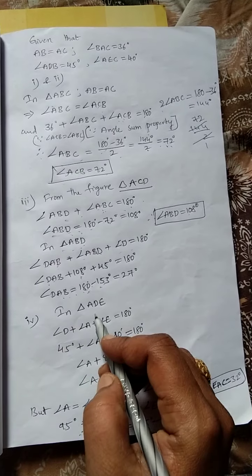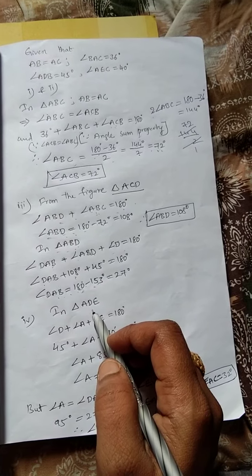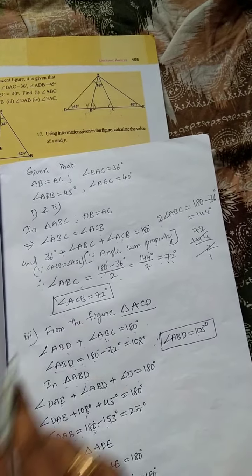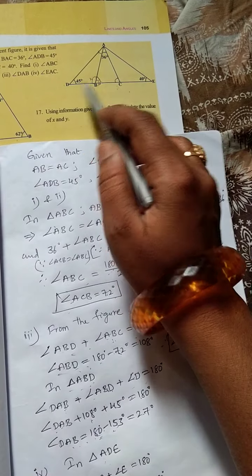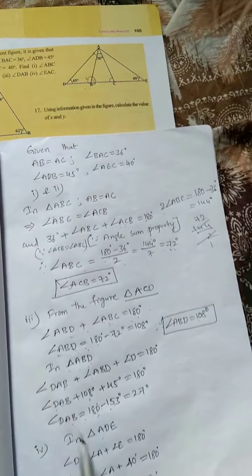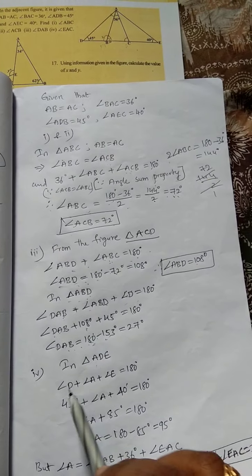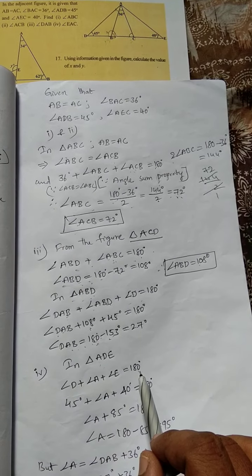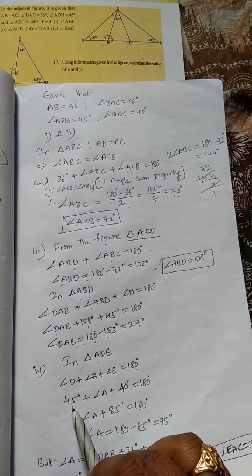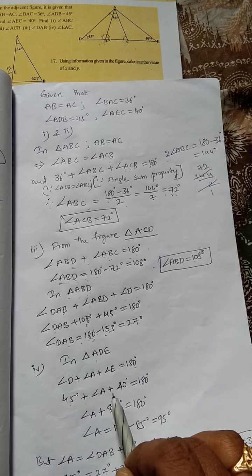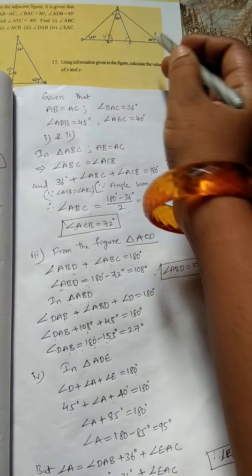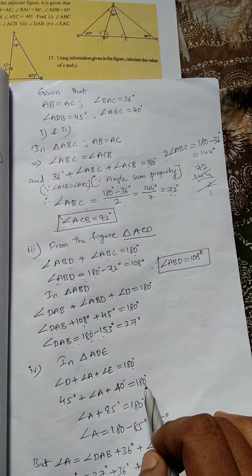Now if you want to find the fourth angle, you should take triangle ADE, this full big triangle. In that also the sum of three angles in a triangle is 180 degrees. Angle D you already know is 45 degrees from the question, plus angle A, plus angle E, which is 40 degrees in the given figure, is equal to 180.